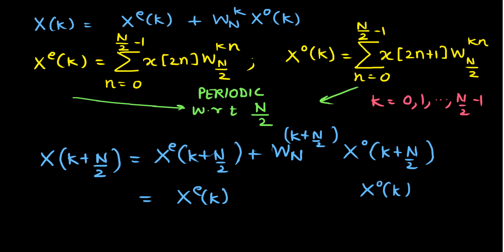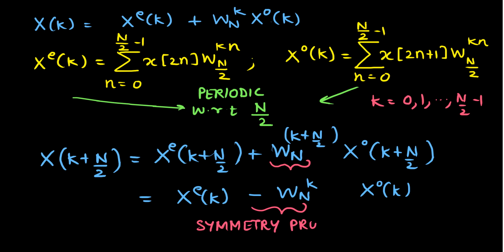Now we have seen the symmetry property for this twiddle factor, and we saw that if we have W_N to the power k plus n by 2, it would be equal to minus W_N to the power k, and this is because of the symmetric property of W_N to the power k.